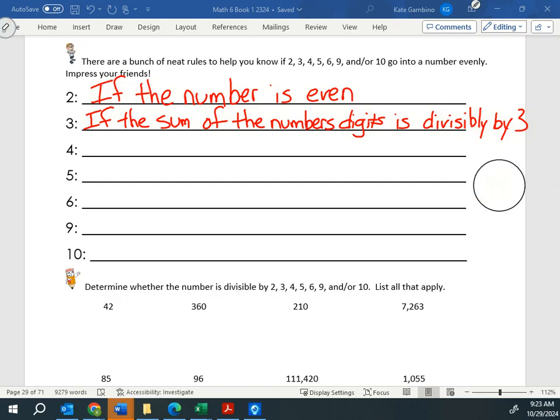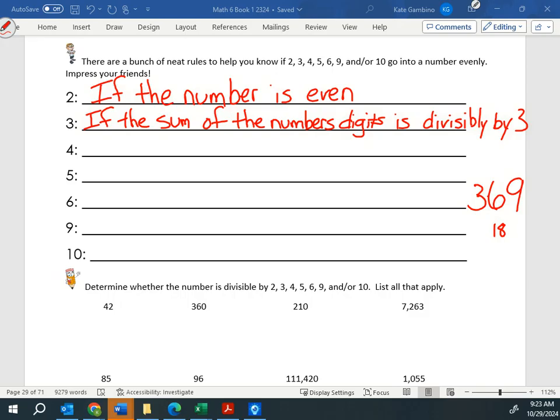15 is one that we know. Let's look at a bigger one. 369. Is that divisible by 3? Well, let's add up our digits. 3 plus 6 is 9. 9 plus 9 is 18. I know 18 is divisible by 3, right?